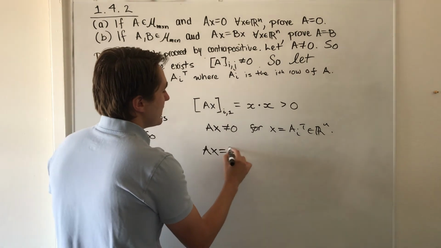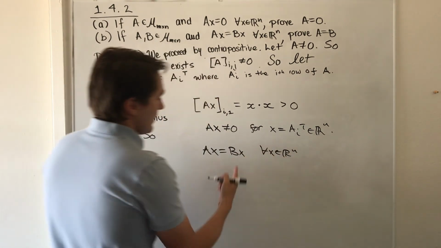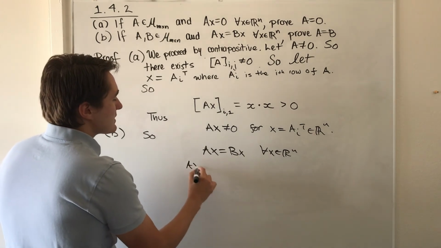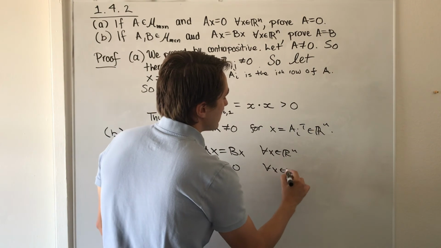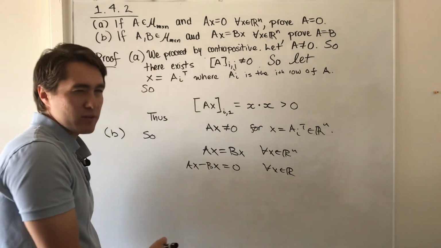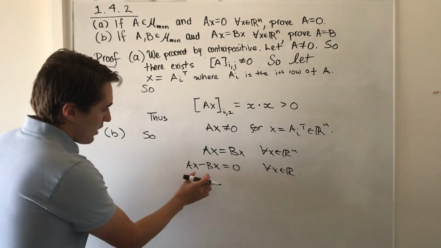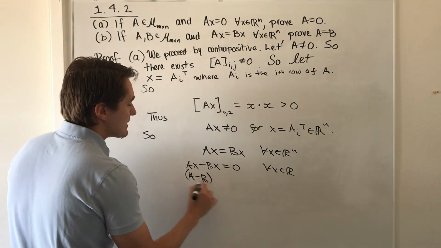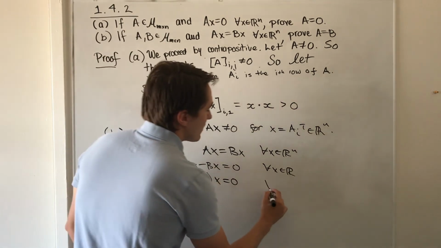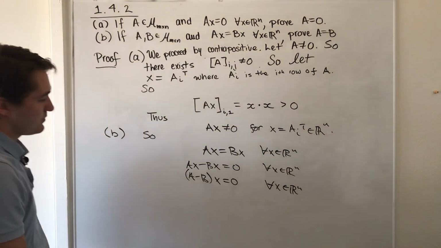Ax equals Bx for all x in Rn. Let's subtract Bx, so we get Ax minus Bx equals 0 for all x in Rn. And remember, this is the 0 vector, because these are going to be spitting out m-dimensional vectors. But now we can factor out that x, and we get (A minus B) times x equals 0 for all x in Rn.